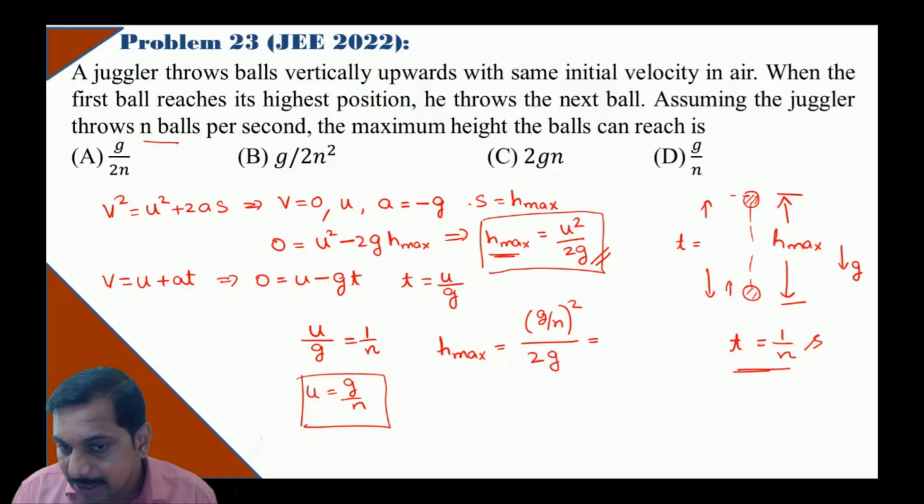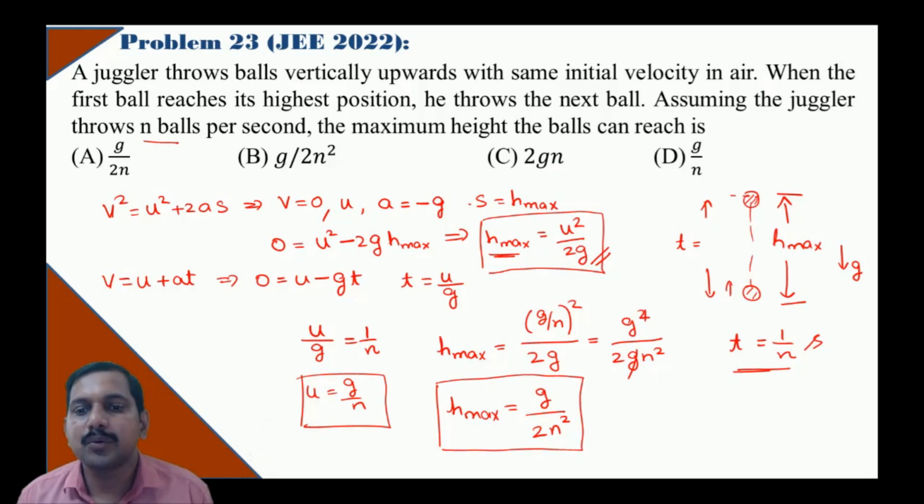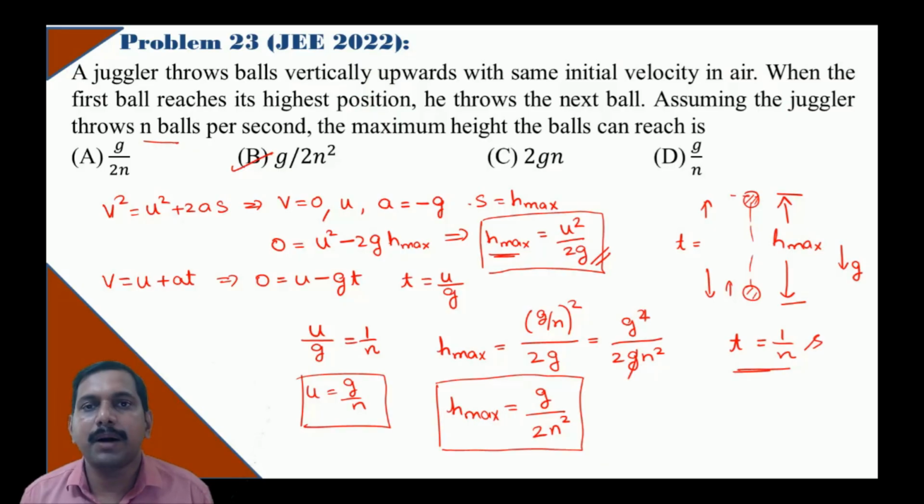This comes as g square divided by 2g n square, and g cancels, so h max is equal to g by 2n square. This would be the maximum height it would reach, and the answer is B, which is g by 2n square.